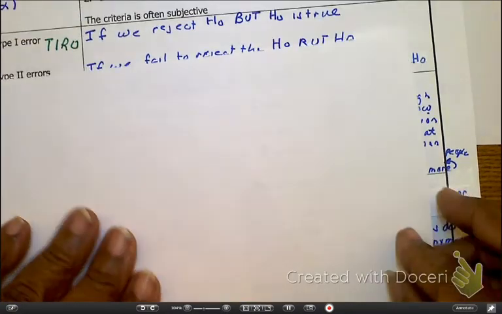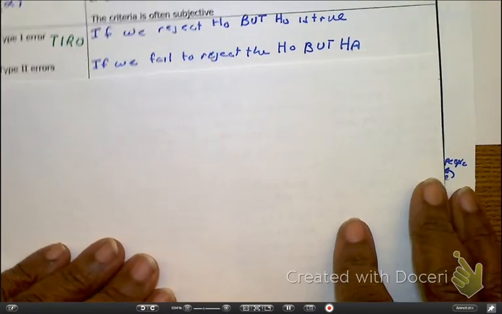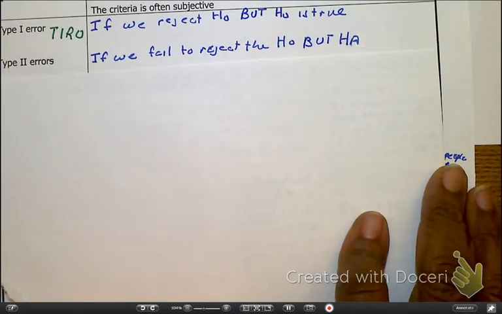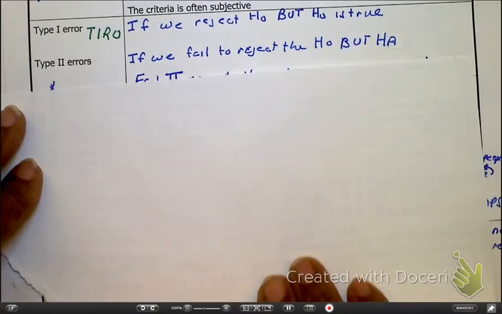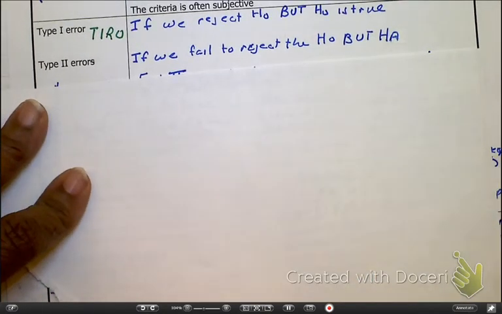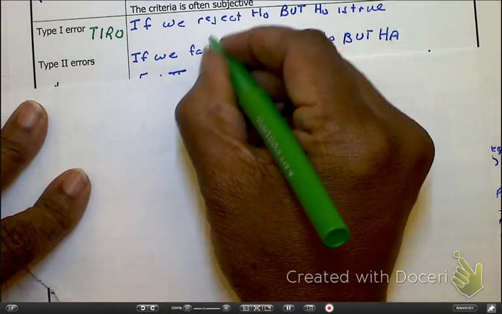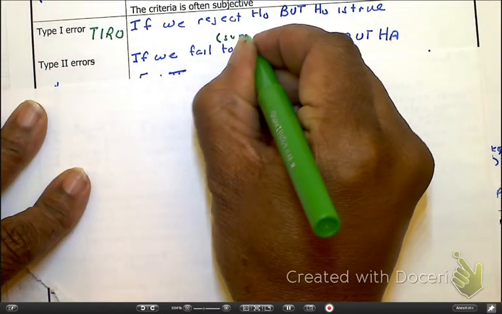Now let's scroll back up here, and let's see what a Type 2 error is. A Type 2 error is that we failed to reject, and I'm just going to put a tiny "support" up here.